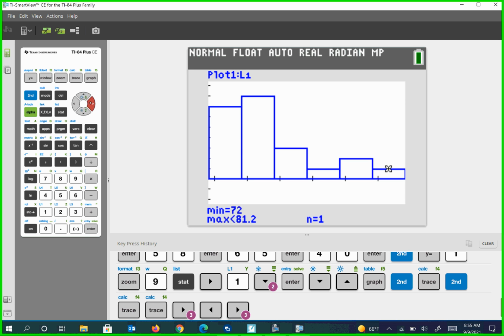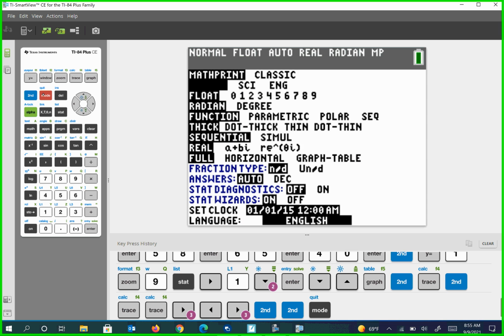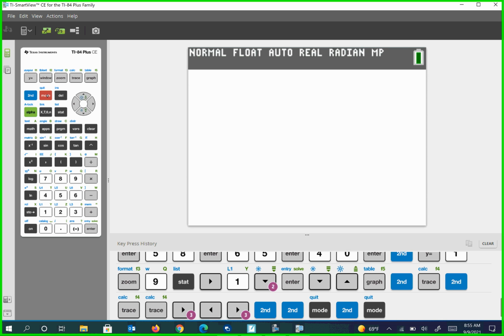Describe this data in terms of center, spread, and outliers. It's the center of it. We said what our mean was. If we went back to our one variable stats, what did we say the center was?